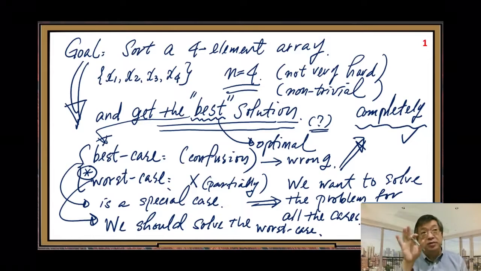Actually, for all the cases, but the worst case can cover all the cases. That worst case efficiency number is the upper bound for all the efficiency numbers. So try to understand it in that way.